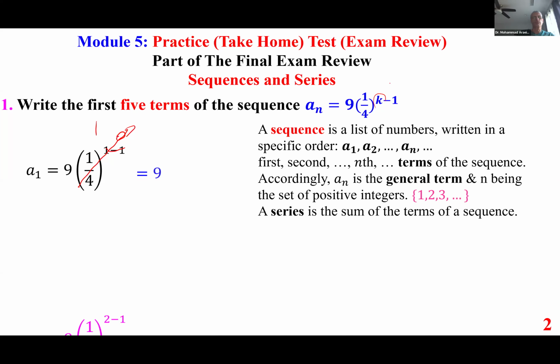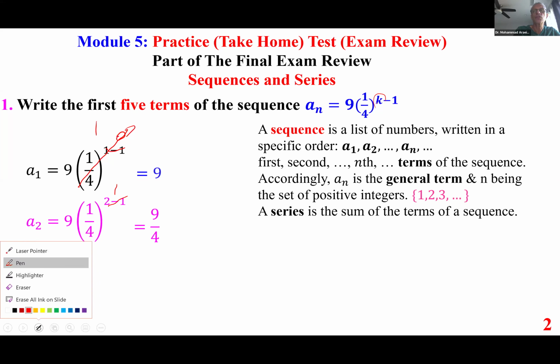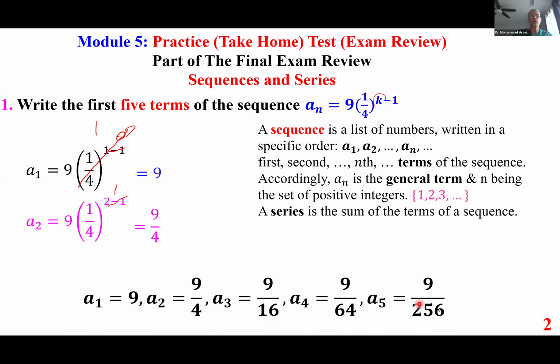So, A sub 2. This is 1. 1/4 to the power of 1 is 1/4 times 9 is 9/4. And you can continue. Then if I change this to 3, 3 minus 1 is 2, 1/4 to the power of 2 is 1/16 times 9 is 9/16. And we can figure out the rest of it.